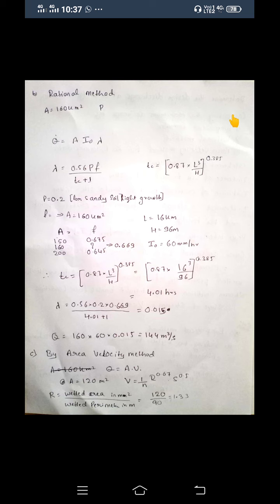Our catchment area is how much? It is 160 square kilometers. So in the table, for catchment area 150, the value of F is equal to 0.675, and for 200 it is 0.645.